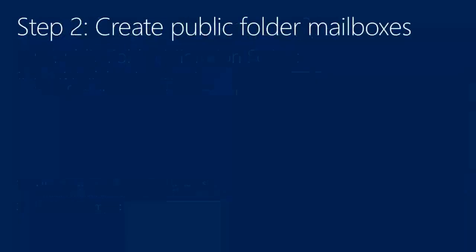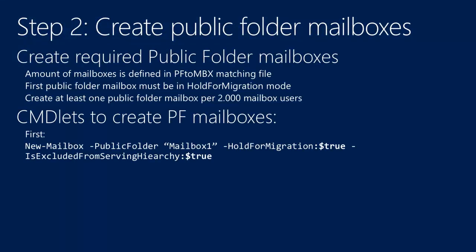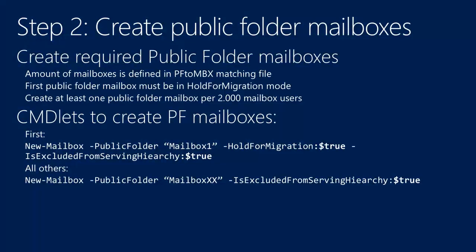And then consider this, of course, when creating the public folder mailboxes. As I said, you need to create at least one public folder mailbox for 2,000 users, or if they are part of your public folder migration. So if you have 6 mailboxes in here, but you have, let's say, 20,000 users, you better consider creating more public folder mailboxes to spread the connections.